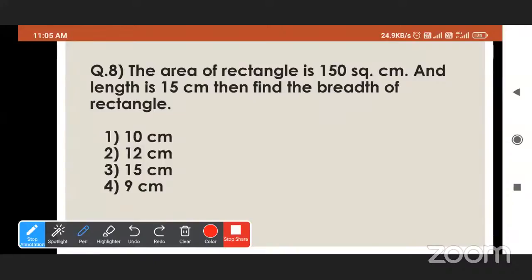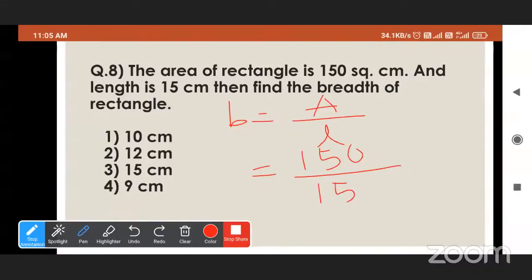So here breadth is equal to area divided by length. The area is given here, that is 150, and length is 15. Then what is the answer?